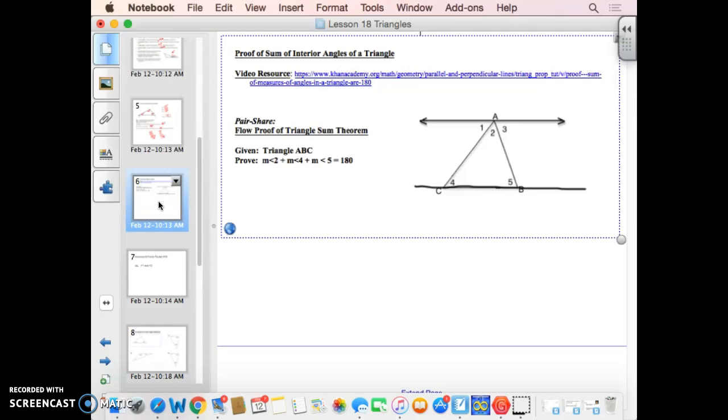What you can essentially show is that this angle right here and this angle right here are alternate interior angles, which means they're congruent. And you can also show that this angle here and this angle here are also alternate interior angles, which means they're congruent. And if you put all three of them on this straight line right here, you know that all three are going to add up to 180 degrees, thereby proving triangles add up to 180 degrees.